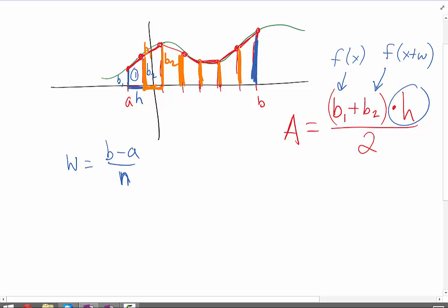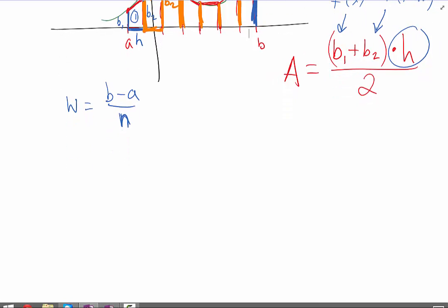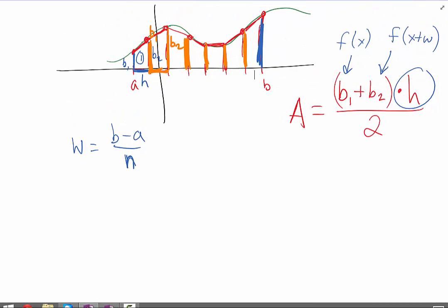So when we get to our formula, we're going to use all of those f of x's twice in the middle and the outside ones once.